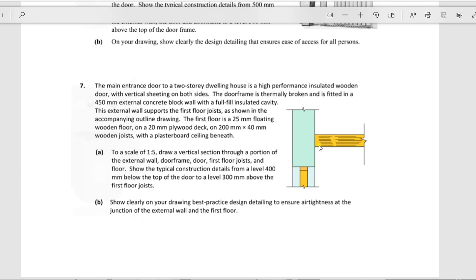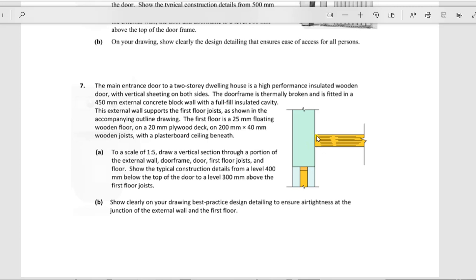Now if you have studied air tightness and know it, you know this timber joist can no longer be built into the wall, because when we're building into the wall then we're allowing air to get into that wall and for air to move. So what has to be shown in your diagram here is metal hangers onto the actual joists. So these joists are no longer built into the walls, they're supported with metal joist hangers.